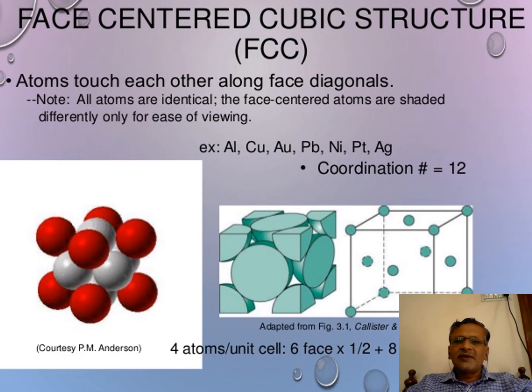See here, the number of atoms per unit cell is 6 faces divided by 2, plus 8 times 1/8. Therefore, the number of atoms per unit cell is 3 plus 1, equal to 4. The number of atoms per unit cell is 4 and the coordination number is 12.